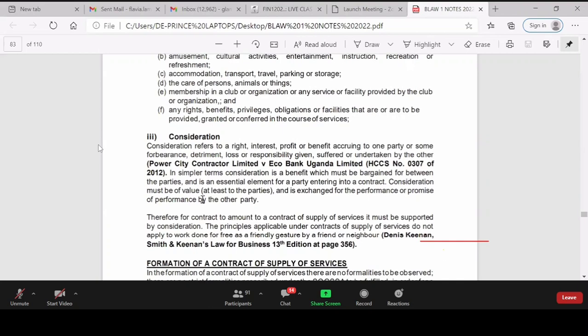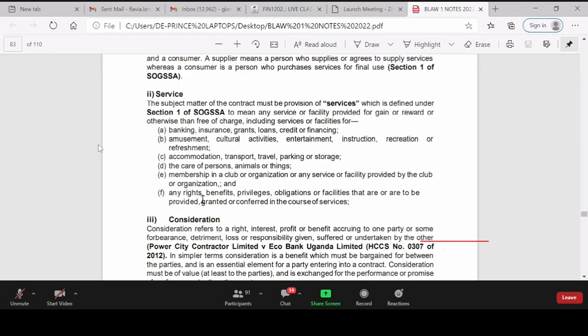And I want to just maybe add on at this point that many times when you enter into a contract for the supply of a service, it may come in the form of a good. When it comes in the form of a good, it doesn't mean that the contract you've entered into is a contract for sale of goods. For example, you go to a hospital, you're sick, you're going for a medical service.